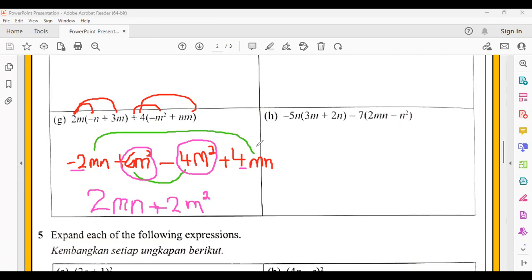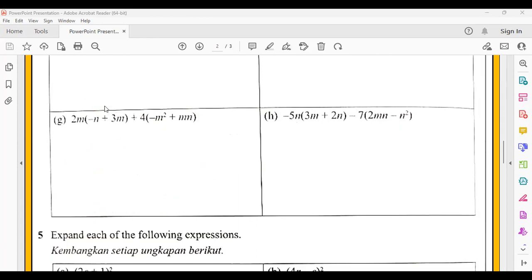But you missed out the m squared there. Fatin, 2mn plus 2m squared. Good job, girl. I see your answer. Well done. Okay. See? Same terms, combine. Okay? Work the maths for the same terms.